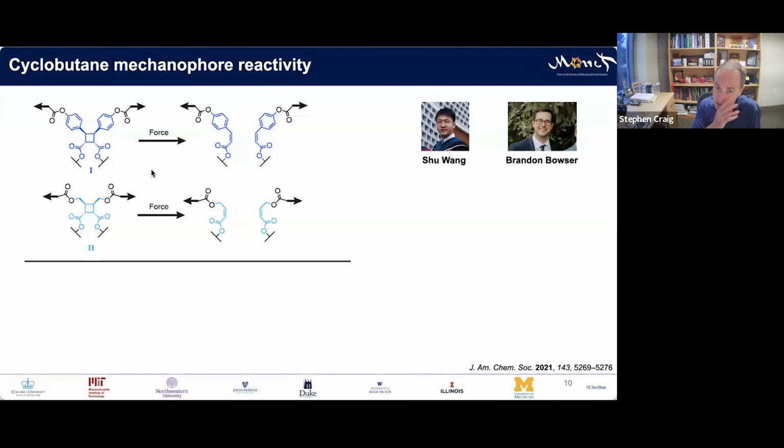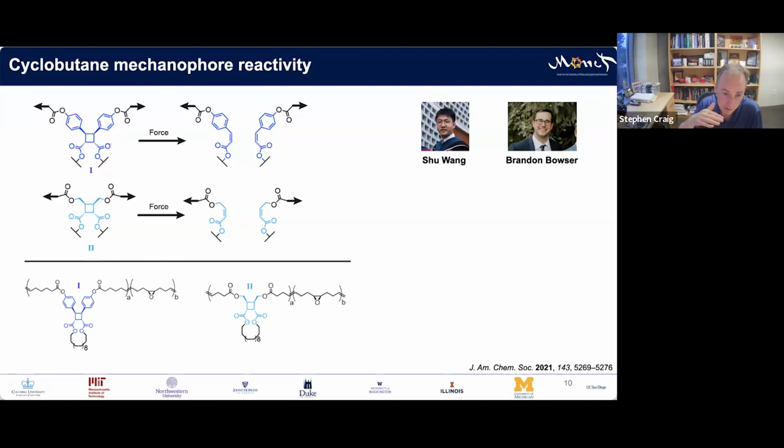And the way they did this was to design polymers that had many copies of either type 1 or type 2 cyclobutanes with either these aryl groups or just a little methylene alkyl spacer here, put them into polymers. They wanted to understand how these cyclobutanes would break, but in order to do that, they wanted to see many of these events occurring.